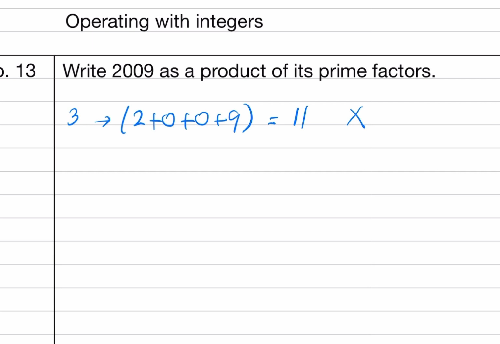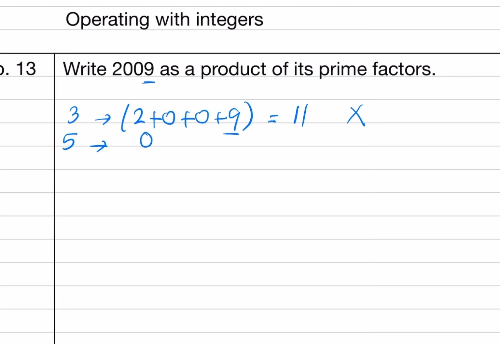What about, is it divisible by 5? Well, obviously 2009 doesn't end with 0 nor 5, so it's not divisible by 5. What about, let's try 7. Is it divisible by 7?